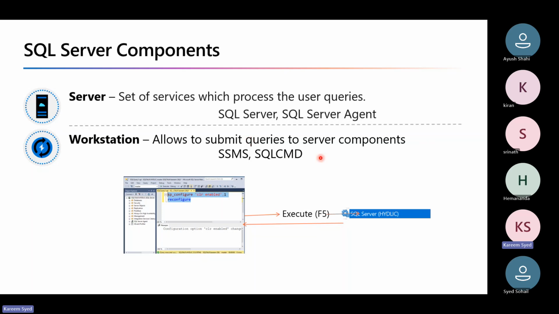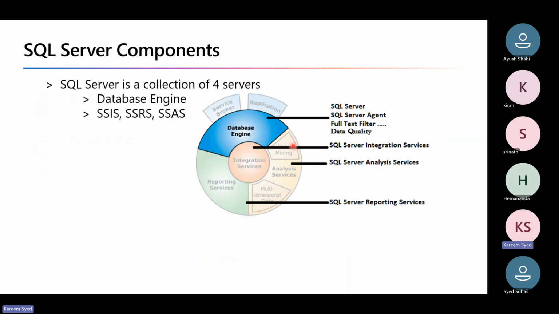Okay, let me go to the next slide. Generally, in SQL Server we have four major components. One is the database server or database engine. Once you download SQL Server, during installation it will ask which server you want to install.